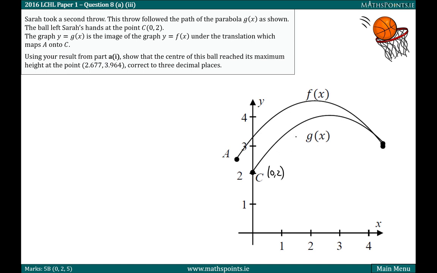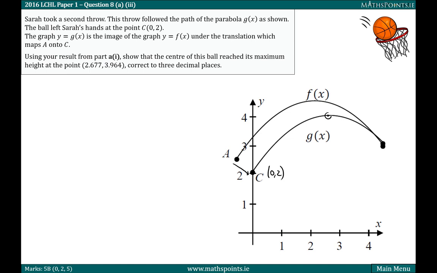We're told that g of x is the image of the graph of f of x under the translation that mapped A to C, from where she threw the ball originally to where she threw the ball the second time. The function follows that same mapping. We can use this idea to find the maximum height of the g of x function.